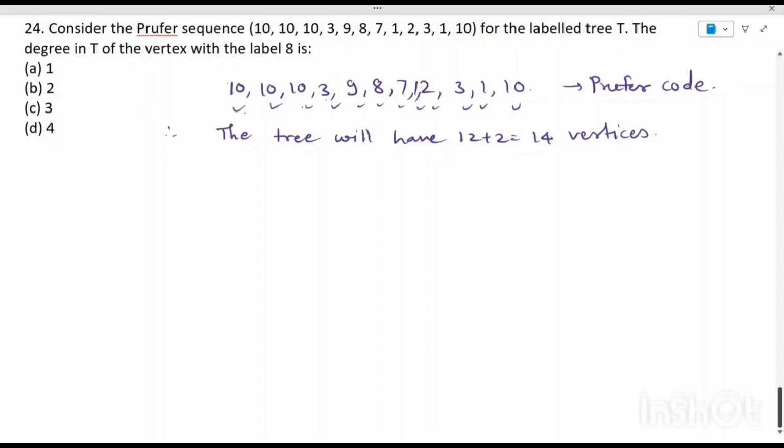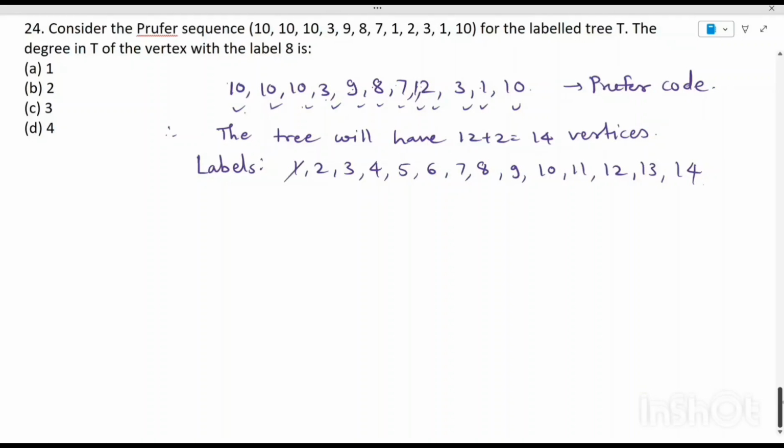So labels. I am writing all the numbers from 1 to 14. Now remove the numbers from the labels which are present in the Prüfer code.